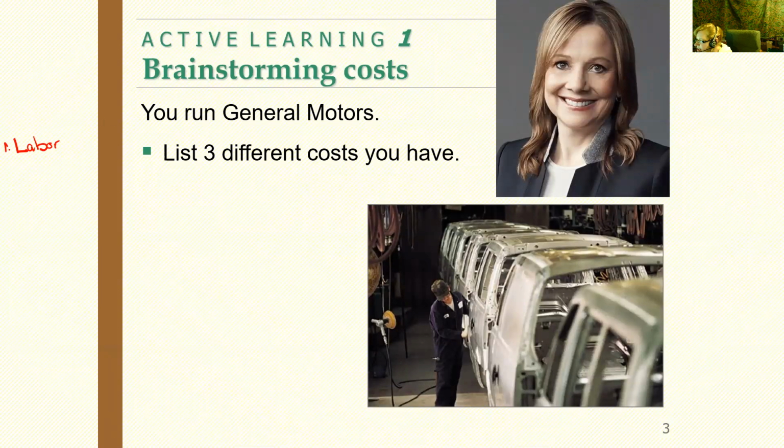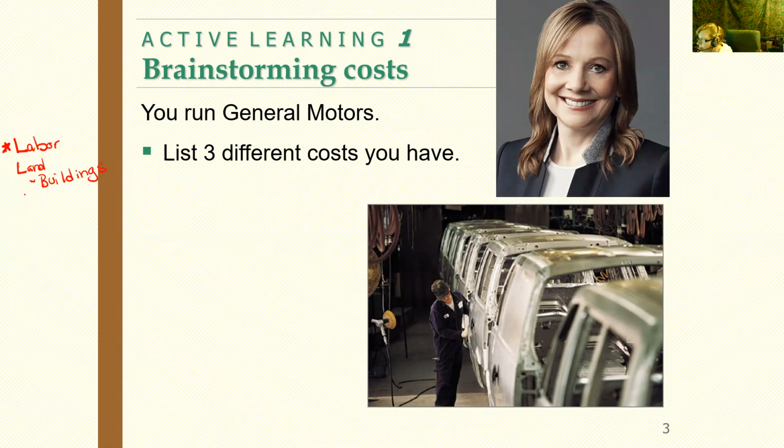And we can see that as demand slides, that labor will be decreased in terms of people being laid off or furloughed and so on. You might be thinking about the land, and that might be the buildings that General Motors owns.